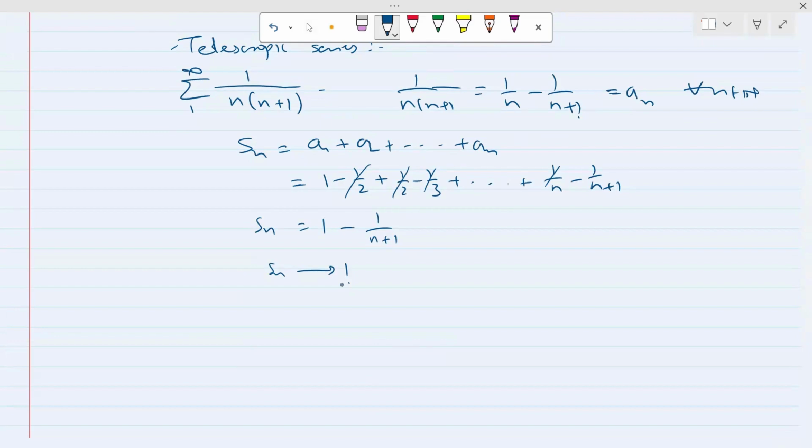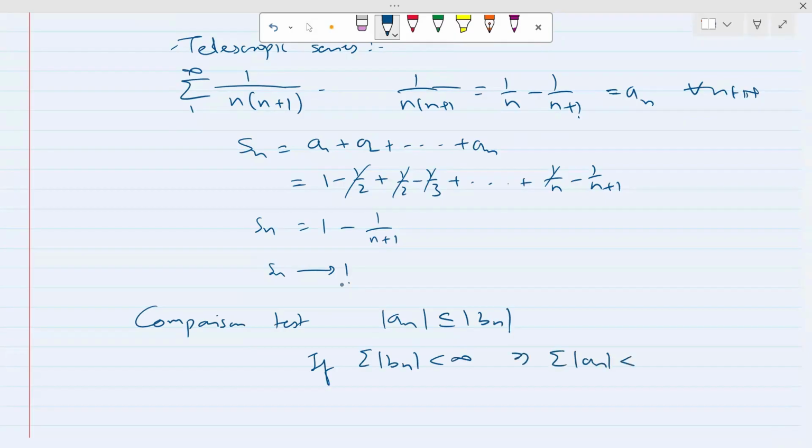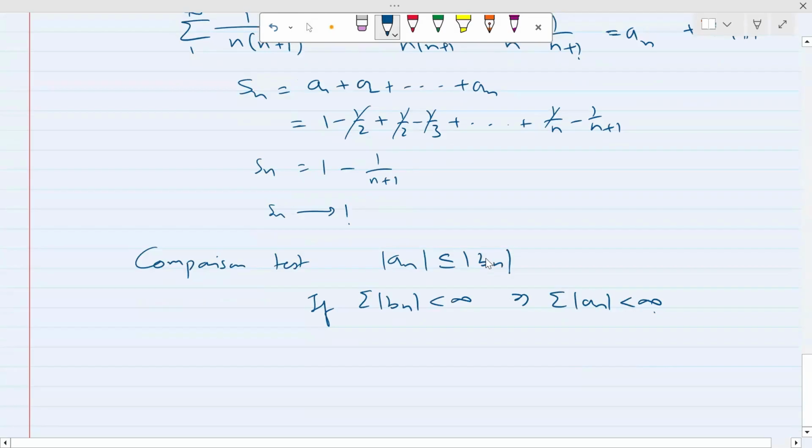Then we have something called the comparison test. We have mod of an less than or equal to mod of bn. And if summation mod bn converges, then we know that summation mod an also converges.